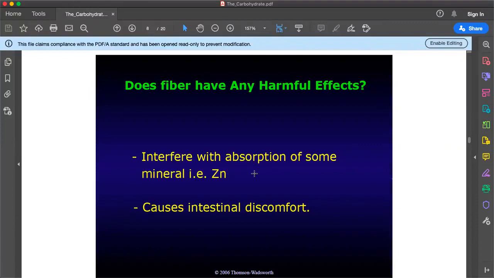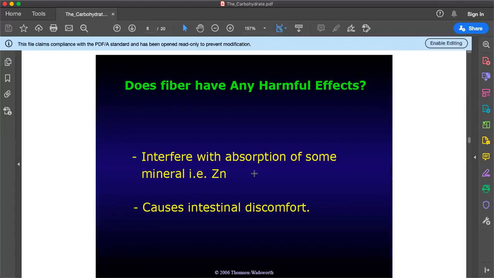So it's too hard to determine which fiber interferes with the absorption of which mineral, but in general, fiber might interfere with the absorption of zinc, calcium, iron, but as I mentioned, different factors also play a role here.